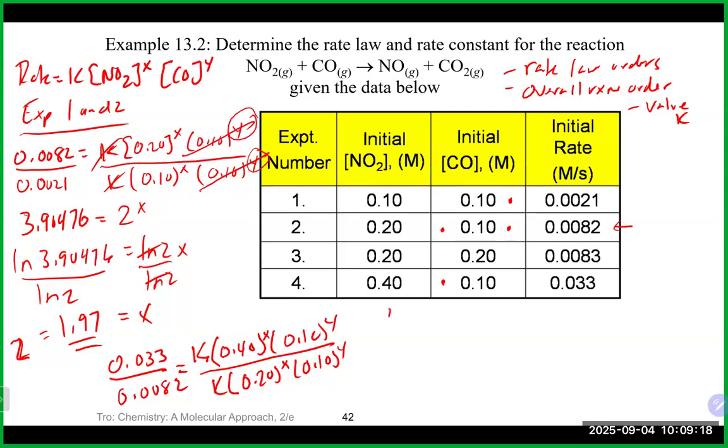That again is not going to give us a perfect number here, 4.0244. It is experimental. These are going to cancel, leaving 2 to the X. Again, doing the same thing, taking the natural log of both sides there.